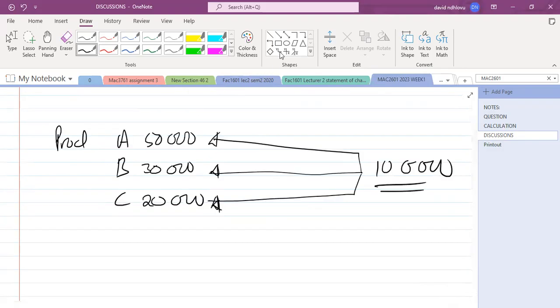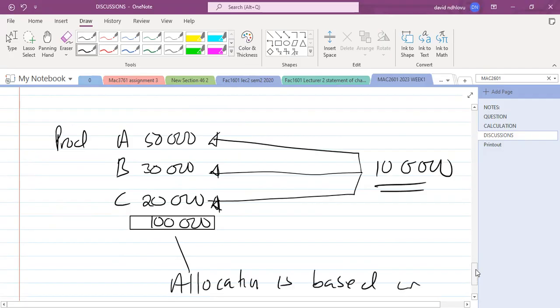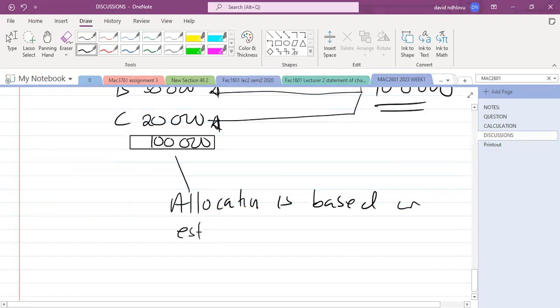But the question is, how do I get to split this cost between the three? You have to use estimation. You can never be 100%. So the allocation will be based on estimation.